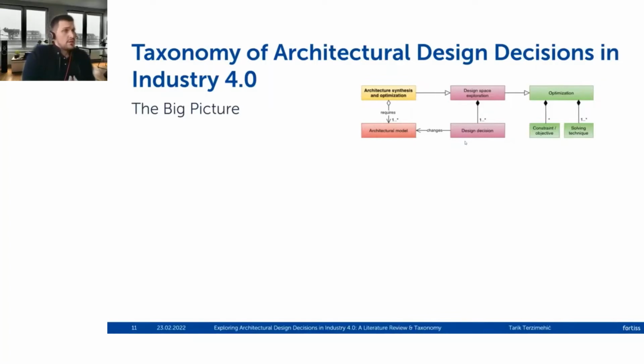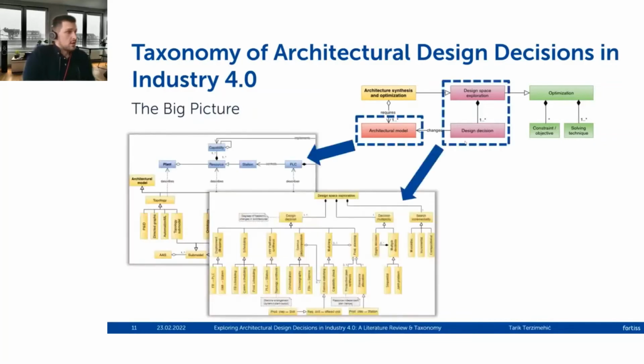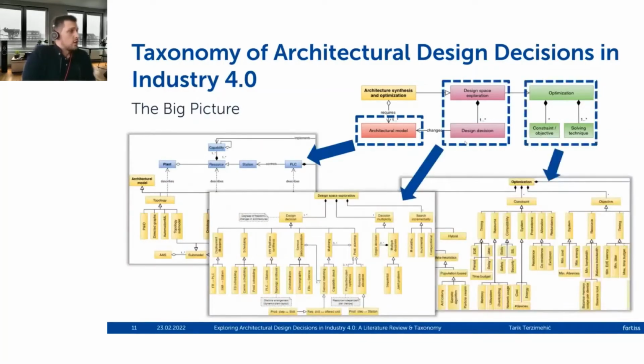So we derive the different design decisions, and we use different optimization tools to do this. So we use different solving techniques, but also we apply different constraints and objectives. This is shown also here quickly. And now I will show each of these taxonomies a little bit more.